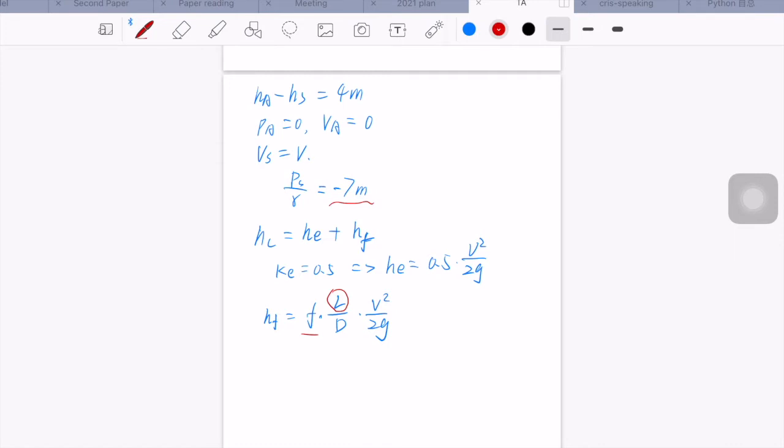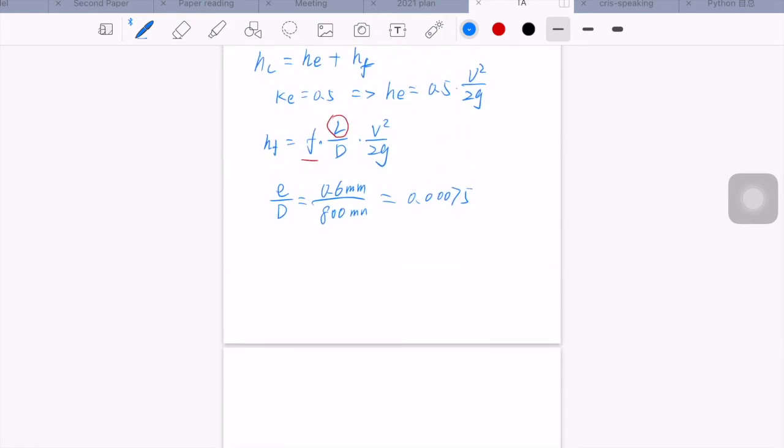And we can find the friction factor on the Moody diagram. Since we know this is rough concrete and we know the pipe's diameter, we can find the relative roughness, which equals 0.6 millimeter divided by 800 millimeter. So the value is 0.0005.